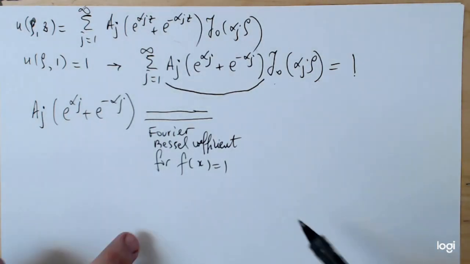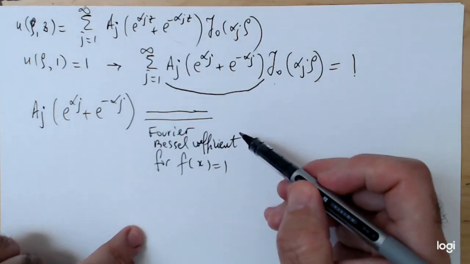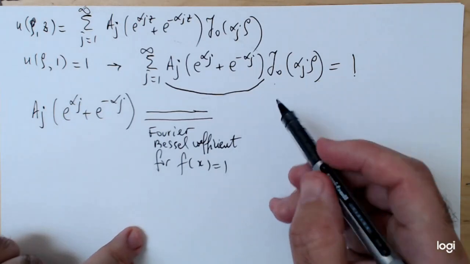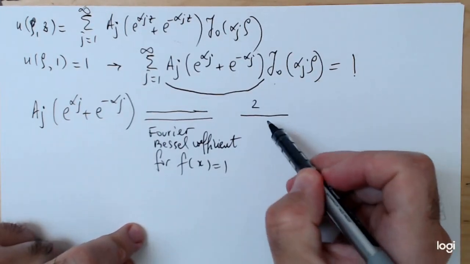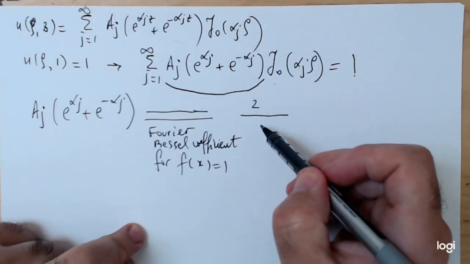All right, so the formula for A in my case will be 2 over c squared, which is 1, since c is 1.